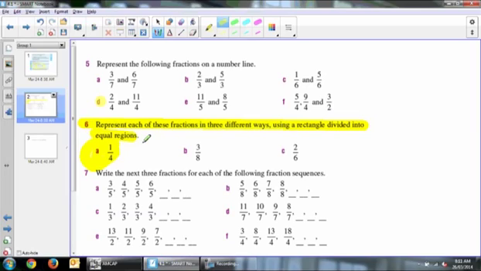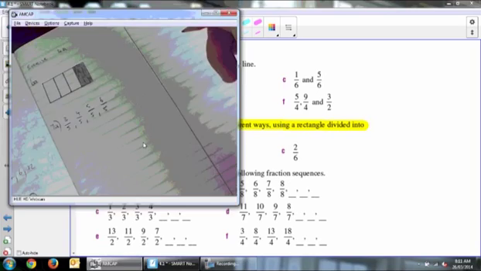Write the next 3 fractions for each of the following fraction sequences. Alright, so this is question 7, we'll do A. And when you're doing this, the first thing that you should do in your exercise book is actually copy down the fractions that they have in front of you. So in this case, 3/5, 4/5, 5/5, and 6/5.